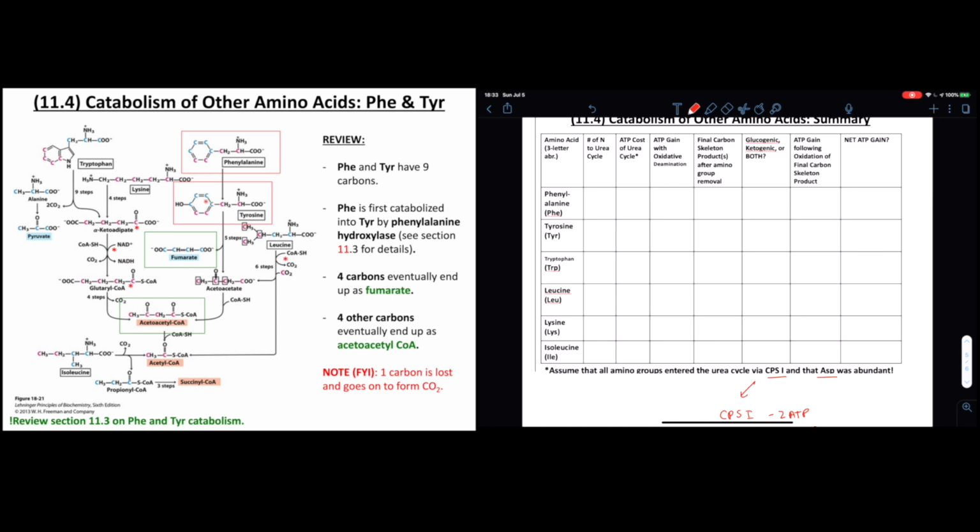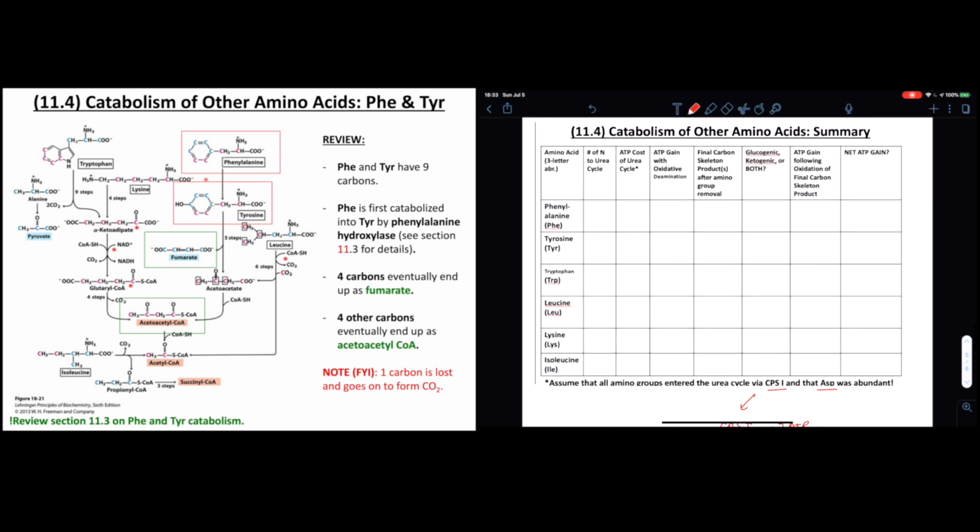Phenylalanine and tyrosine. How many nitrogens does phenylalanine have going to the urea cycle? It's going to have 1. Okay, same with tyrosine. So the ATP cost, if we assume that CPS1 is being used and aspartate is abundant, is minus 1.5. Okay, when that amino group goes on to glutamate, it has to undergo oxidative deamination to produce 2.5 ATP.